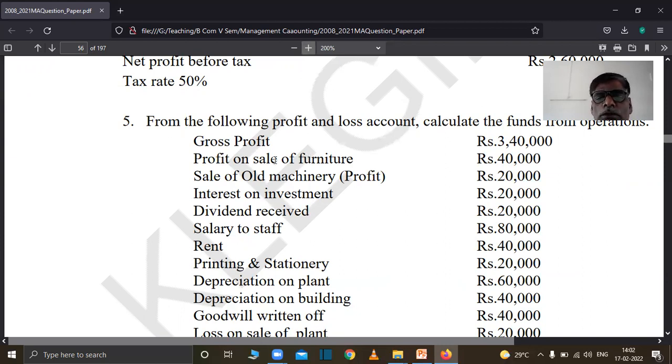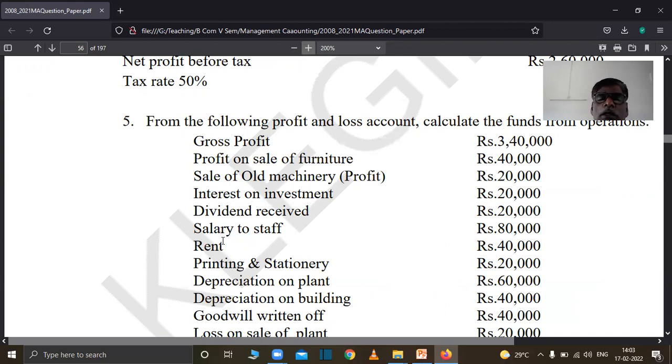Here, profit on sale of furniture is a non-cash item, non-operating income. Sale of old machinery is also a non-operating item. Interest on investment is also non-operating income. Dividend received is also non-operating. These four items are not related to operation, so you have to deduct them from the net profit.